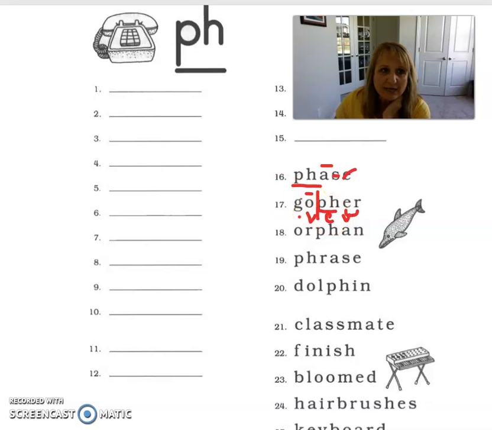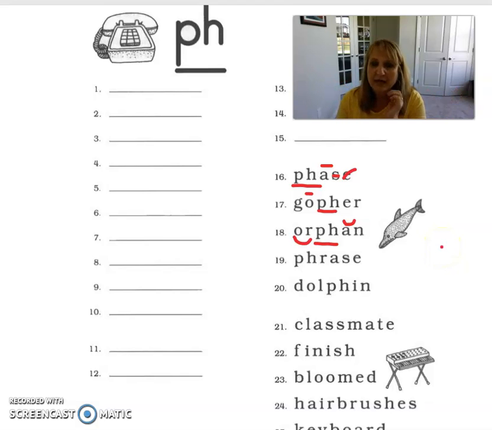I'm going to erase that so that I have room to do orphan. Okay, let's try it. Did you remember or like horse is a combination OR? Orphan. Let's clap that out.